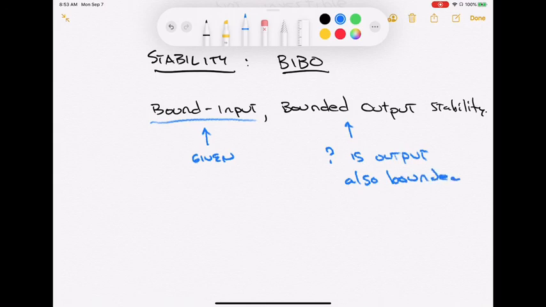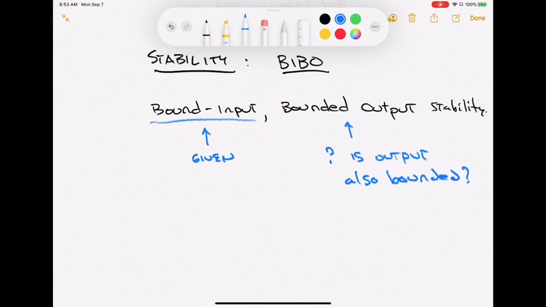If you think about this as a system, bounded inputs are stuff we can generally make. We can make inputs that have a finite range of voltages or currents or whatever the case may be. And we are definitely interested in whether those nicely defined, nicely behaved signals generate outputs that are also nicely defined and nicely behaved. We don't want them flying off to infinity.